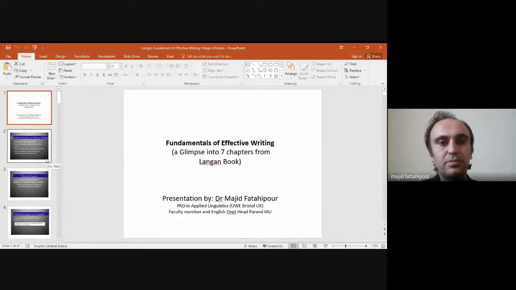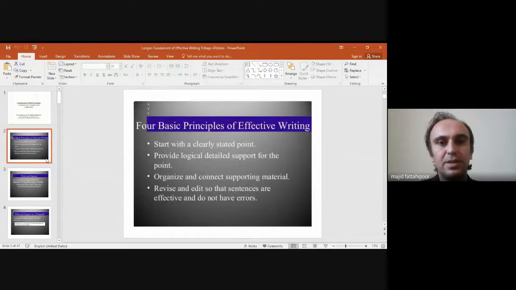So let's begin with the 4 basic principles of effective writing, because we can have academic writing, we can have writing, but we'd like to focus on effective writing, because we have successful writing, we have effective writing. These terms usually overlap, but I think the best term we can use is effective writing, because the writing is supposed to have an effect on the audience, right?